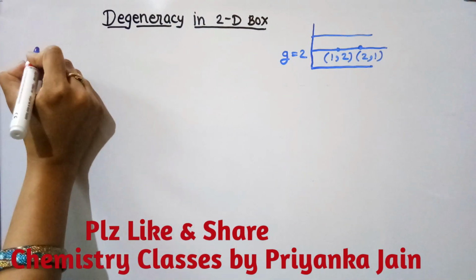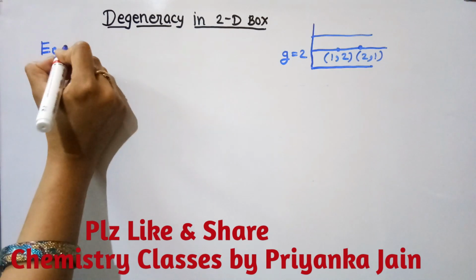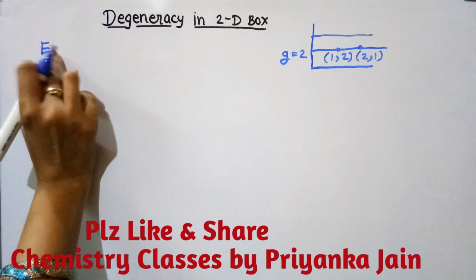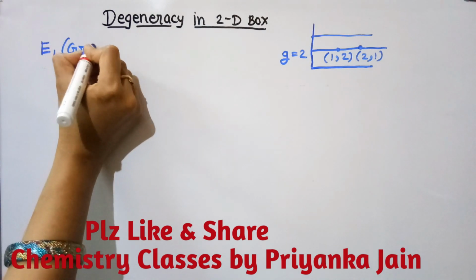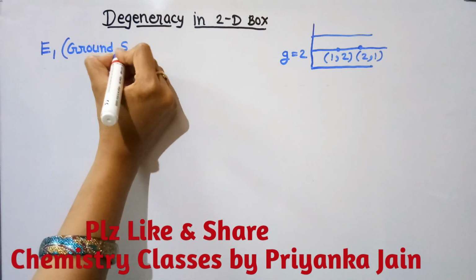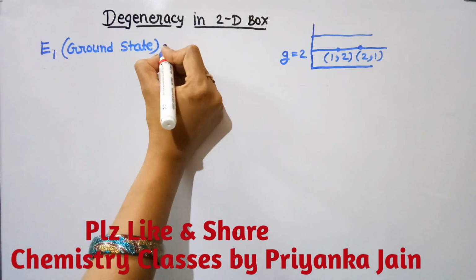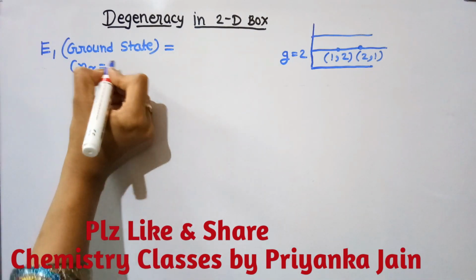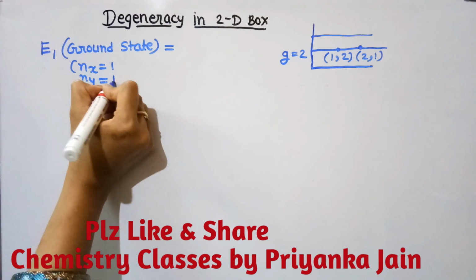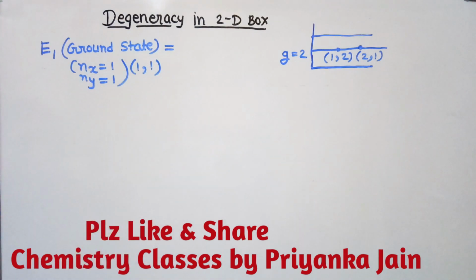Suppose, firstly see here, for the ground state. For the ground state, the value of n is equal to 1. It means nx is equal to 1 and ny is also equal to 1. This can be shown in this way, 1 1, right?